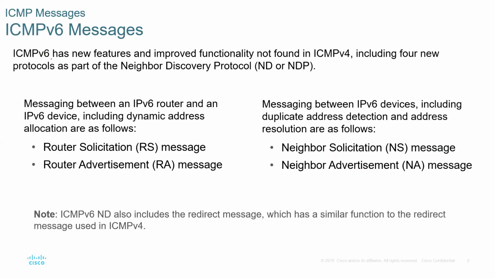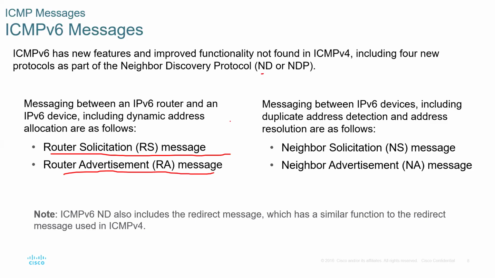Now, ICMP version 6 has new features and improved functionalities not found in IP version 4, including protocols as part of neighbor discovery, ND. Messages between IP version 6 routers and IP version 6 devices, including dynamic address allocation, are the router solicitation message and router advertisement message.